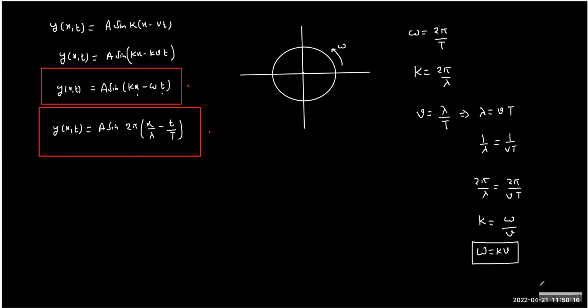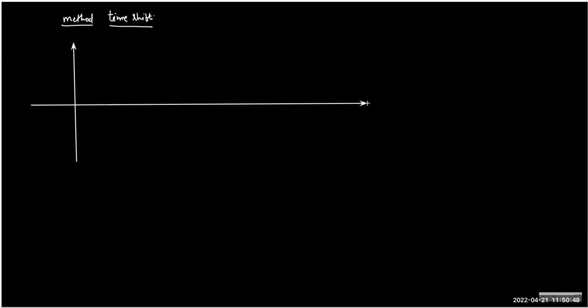So this next method is called method 2. We call it time shift. So we shift in time. Imagine the situation like this. A traveling wave is nothing but the infinite SHM.